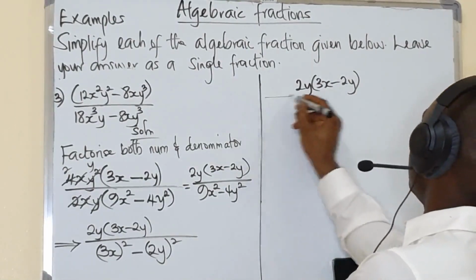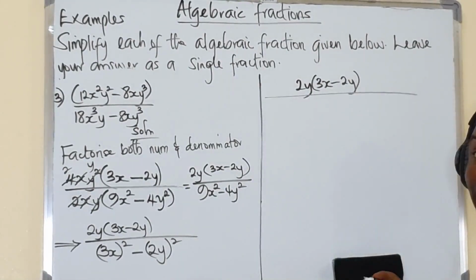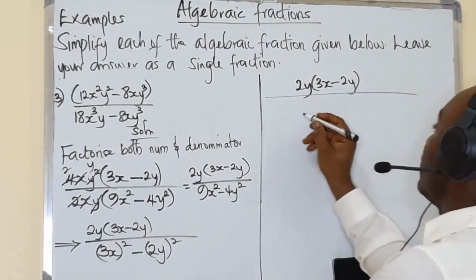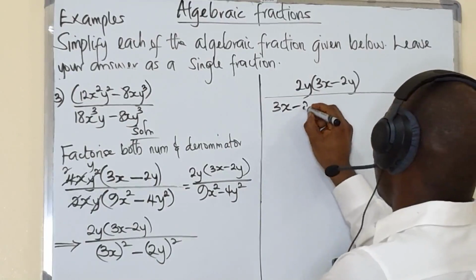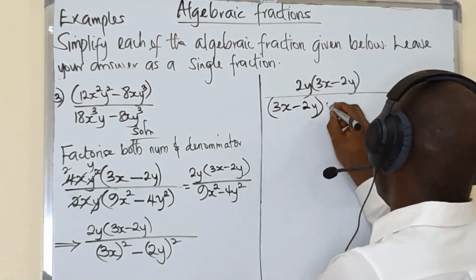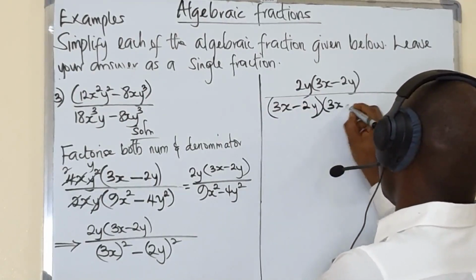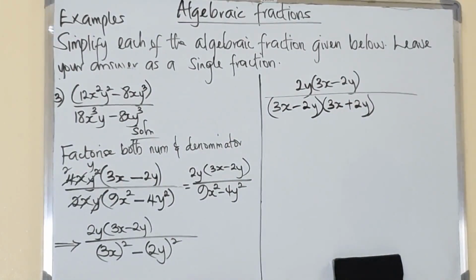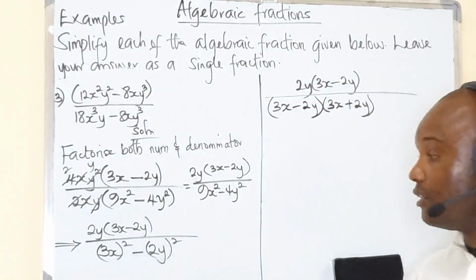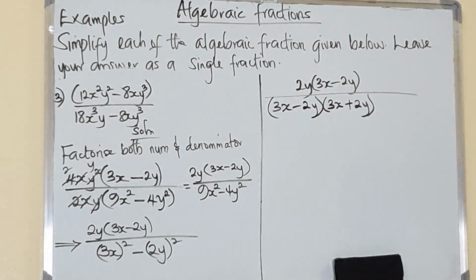At the denominator, it is time for us now to demonstrate our scale of difference of two squares, which is done like this. 3x minus 2y in one bracket multiplies 3x add 2y in yet another bracket. We have just expanded the difference of two squares that we have at the denominator.